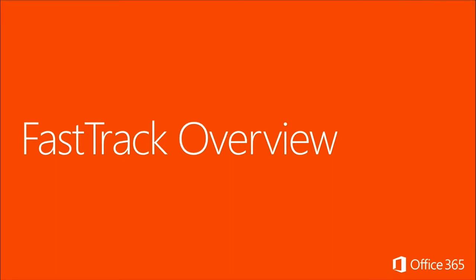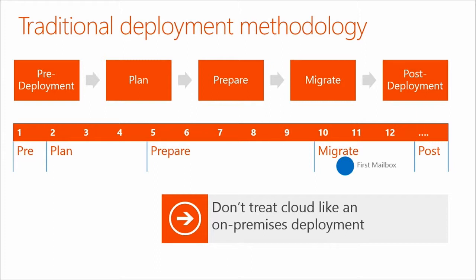Office 365 has been around for a few years now, and before that we had other cloud services, and we have learned a lot from Microsoft, from our customers, to our partners on how to move to Office 365. And it really starts with the fundamental practice of not treating it like an on-premises deployment.